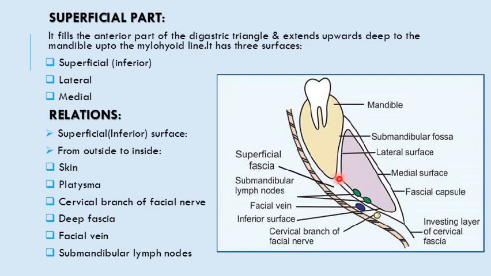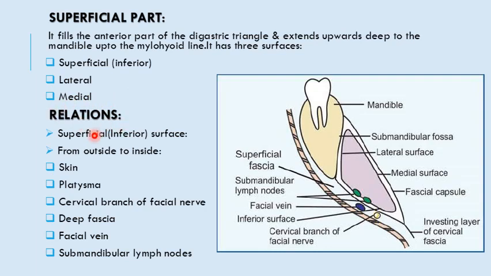In this diagram you can see this is the superficial or inferior surface, and this is the medial surface which is related to the mylohyoid muscle, and this is the lateral surface which is in contact with the submandibular fossa of the mandible. Now the relations of each surface is very important.